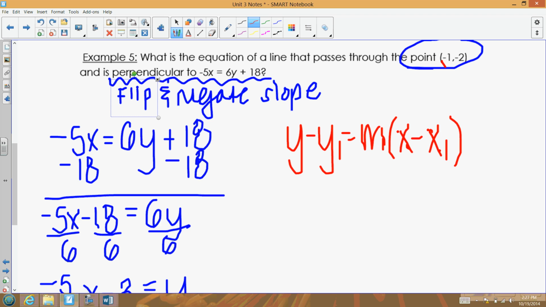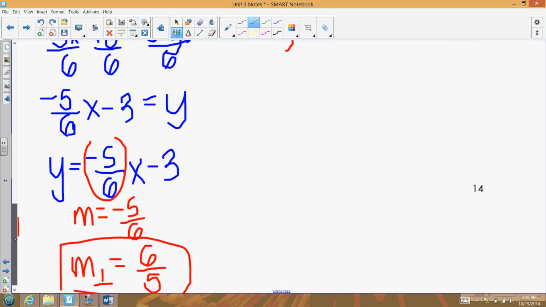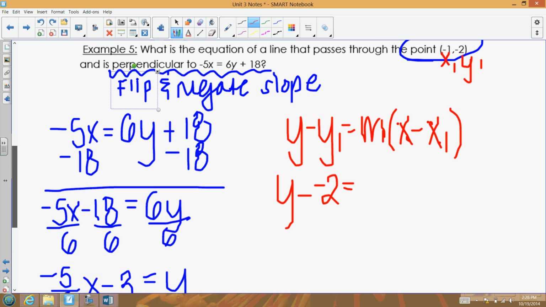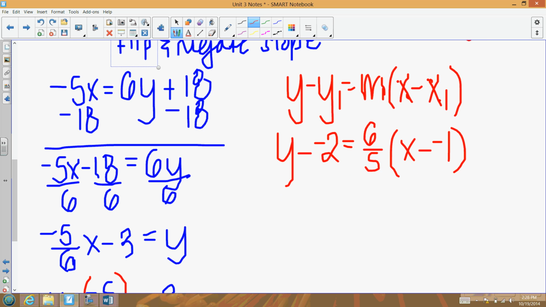So we're going to plug in our x1, y1. So I have negative 2 getting plugged in for y. My slope, remember, was 6 over 5. And I have x minus a negative 1. So first thing I'm going to do is just change these to plus 2 and plus 1.